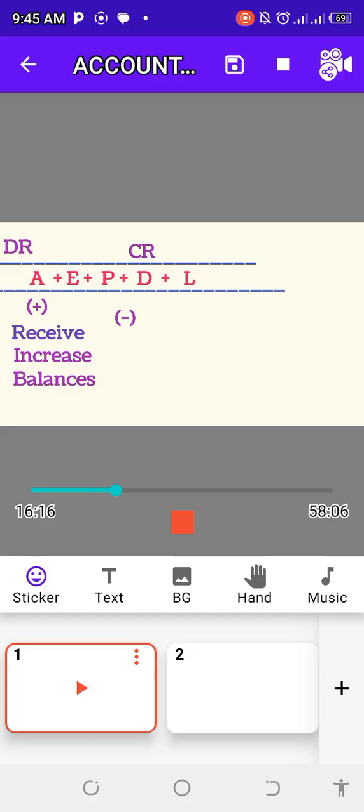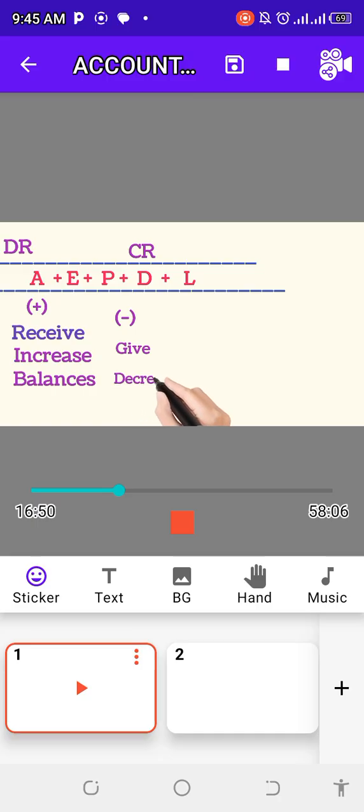They reduce by the credit side, and they give by the credit side. We shall be taking a look at the receiving account and the giving account. That is the bane of the accounting equation. The receiving account and the giving account.